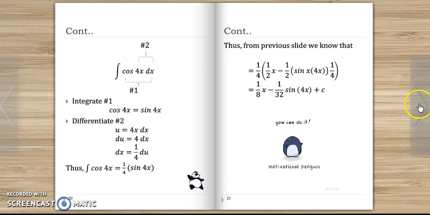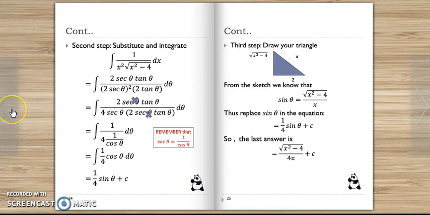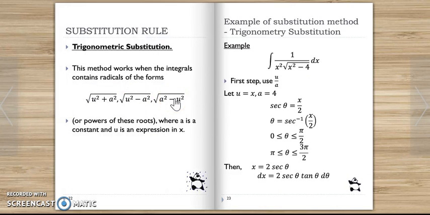Understand? Now next, I will move a bit faster. Next, trigonometric substitution. Trigonometric substitution for me is kind of hard, but if you make sure you understand the steps, then it will be easier for you.